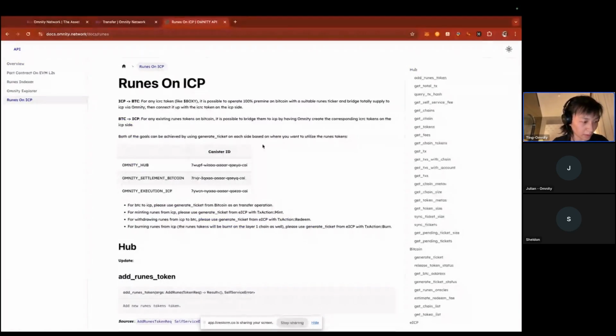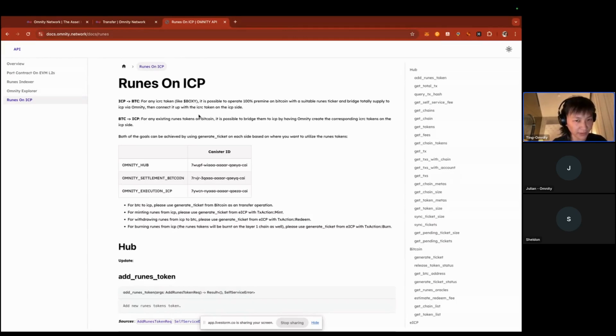One of the use cases would be that you want to utilize an ICRC token like BOX. It is possible to operate 100% on Bitcoin with a suitable Runes ticker and bridge the total supply to ICP through Omnity, and then connect it up with the ICRC token on the ICP side.